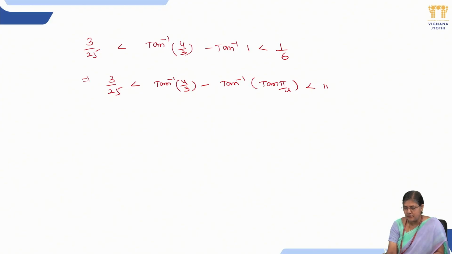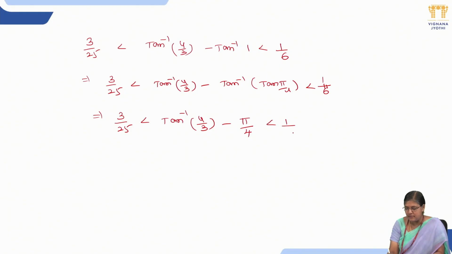So 3 by 25 is less than tan inverse 4 by 3 minus tan inverse tan of pi by 4, that will be equal to, simplifying, pi by 4 less than 1 by 6. After that, adding pi by 4 on both sides, we have 3 by 25 plus pi by 4 is clearly less than tan inverse 4 by 3 is less than 1 by 6 plus pi by 4.